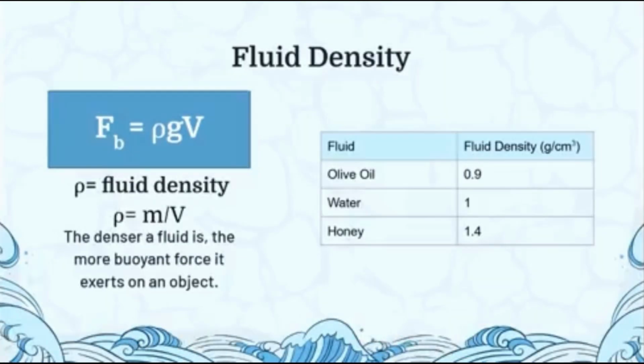So the fluid density, and you can't change the fluid density, say these are both in water, it will be the same for all of them. And then the gravitational force, you obviously can't change that. And then there is one last thing, and that is the volume of the fluid displaced. So by changing that, you are able to make either more or less buoyant force on an object.